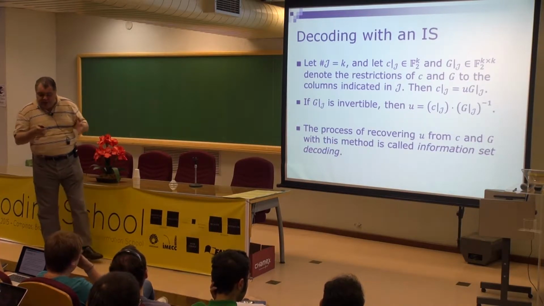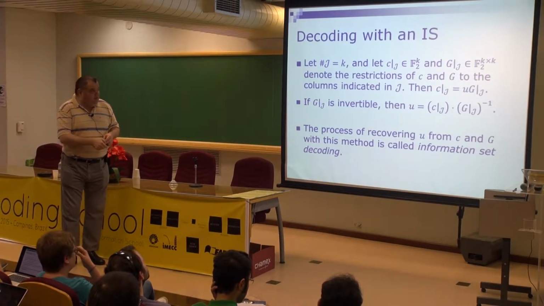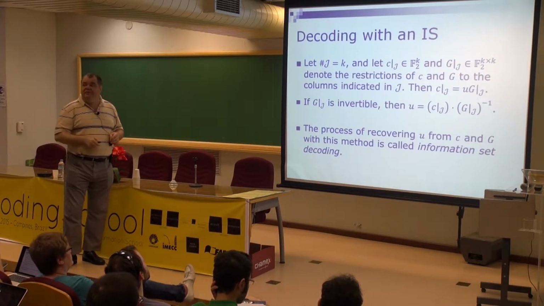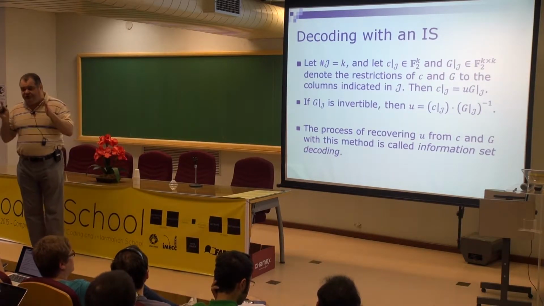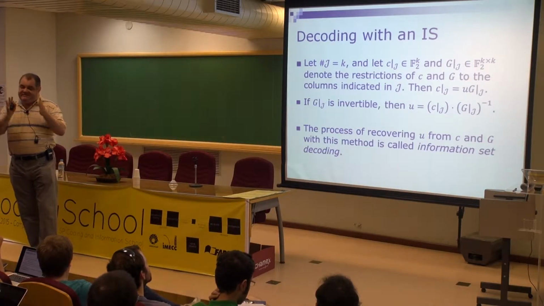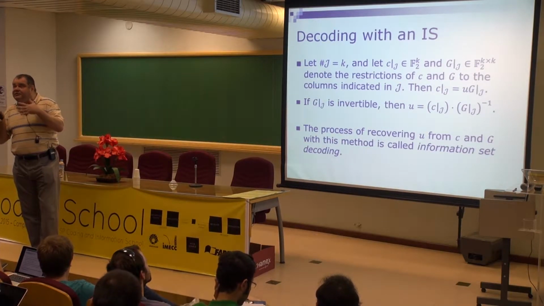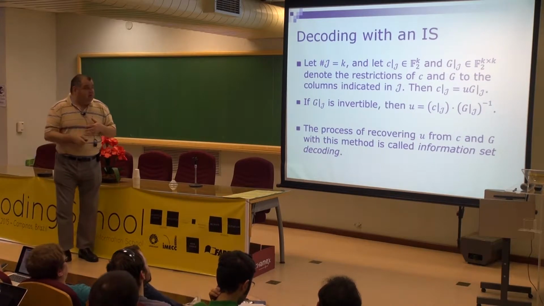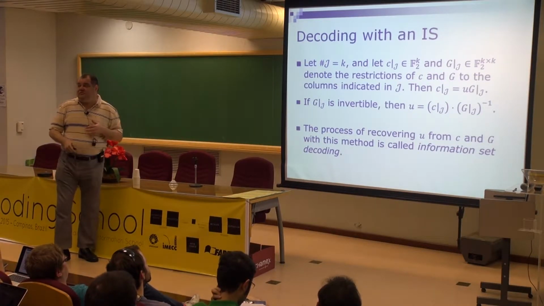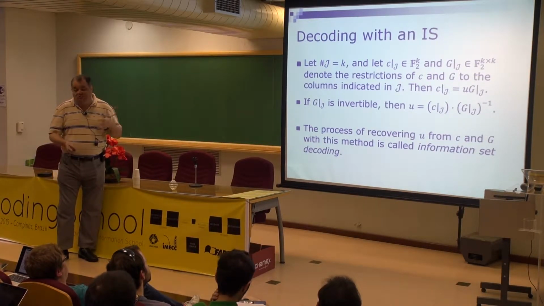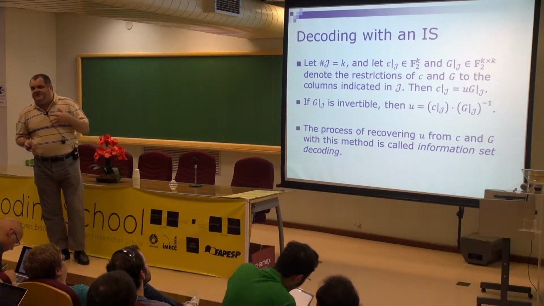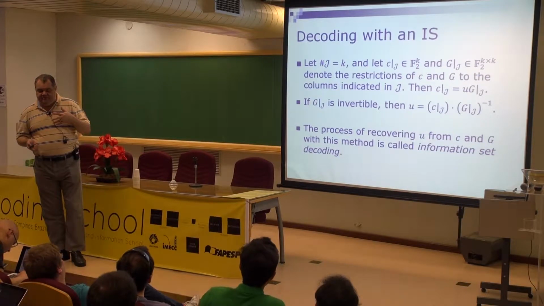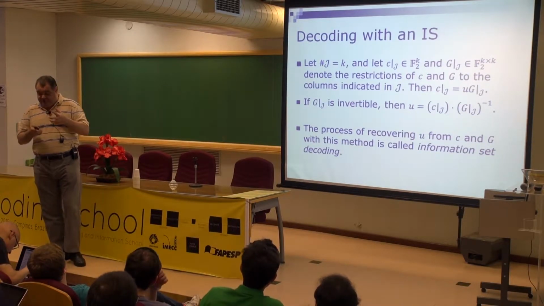Drop everything else and drop the corresponding positions from the generator matrix G. So restrict it to the same positions specified by the information set. The result for the generator matrix will be a k by k matrix. If we are lucky, it is non-singular, so we can invert it.